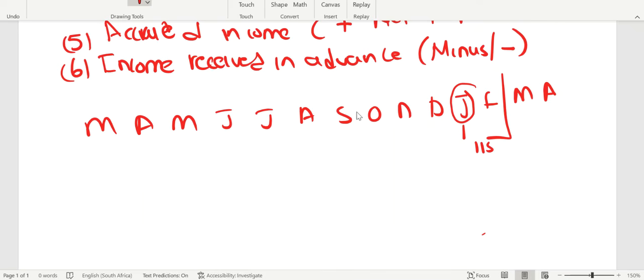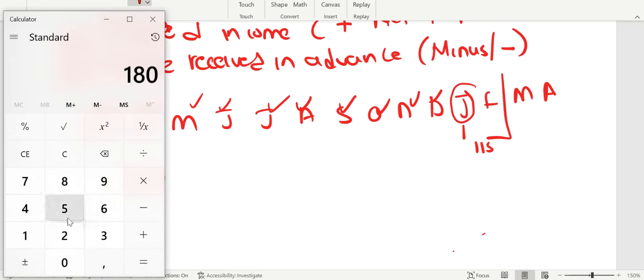So from here, rent was 115%. Then we're going to check how many months before the increase. It was 1, 2, 3, 4, 5, 6, 7, 8, 9, 10. So we have 100 times 10, which is equal to 1,000. We can just verify: 100 times 10 is 1,000.